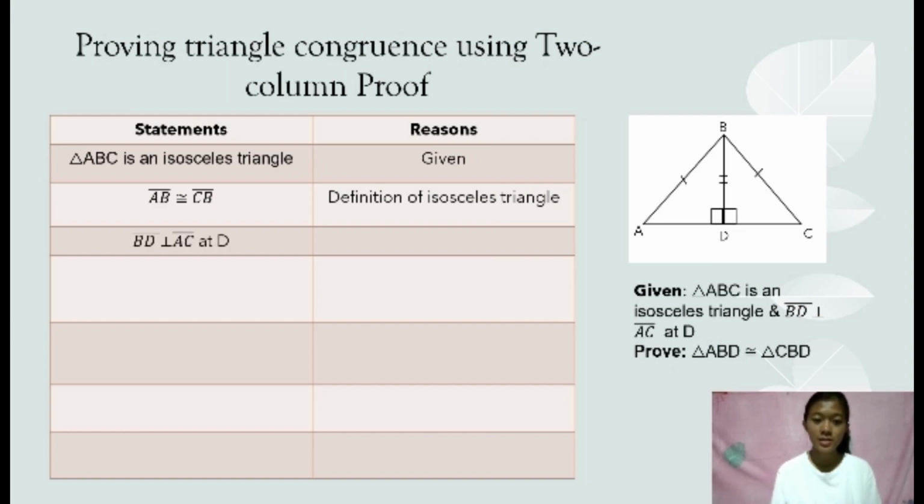The third statement is segment BD is perpendicular to segment AC at D. That is our given. The fourth statement is angle ABD and angle CBD are right angles. This is also based on the given, that segment BD is perpendicular to segment AC at D. If they are perpendicular, they form right angles.